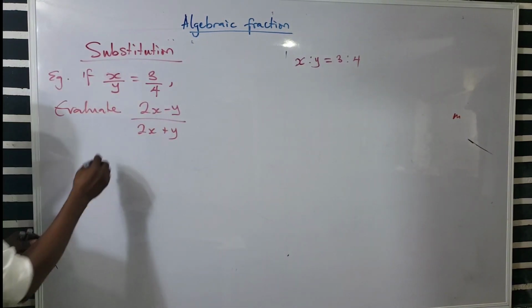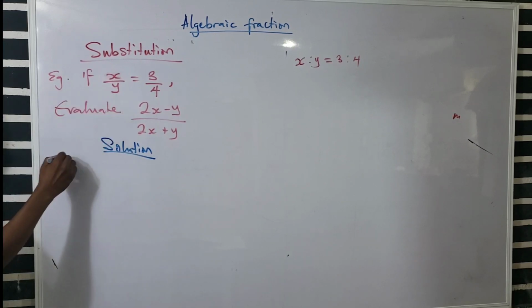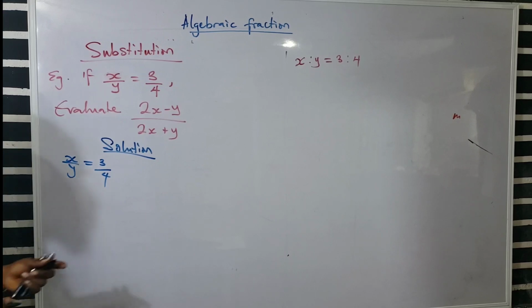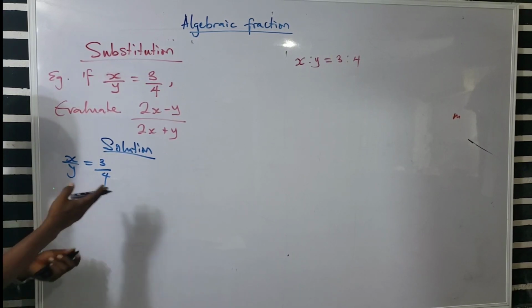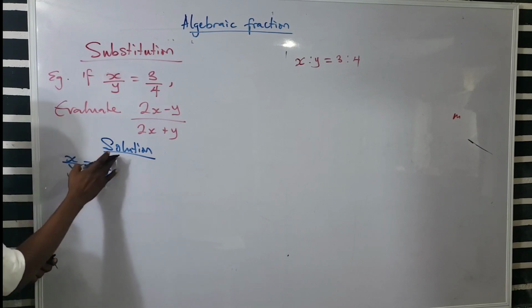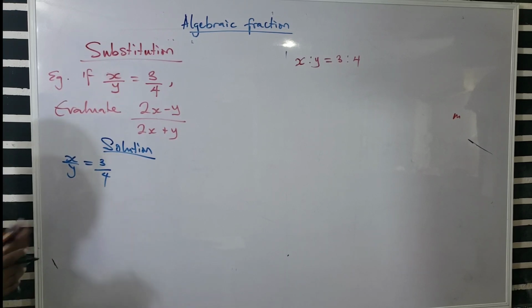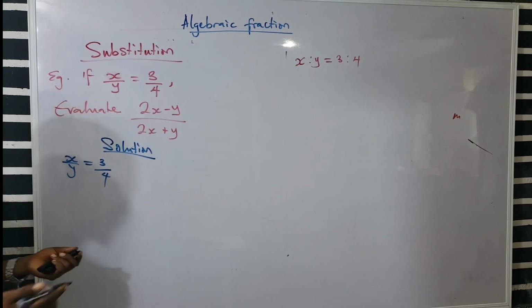So I have my solution. If you say that x over y equals 3 over 4, it means that x is 3 and y is 4. So if I take it that way, that x is 3 and y is 4, then I'll just put it here.